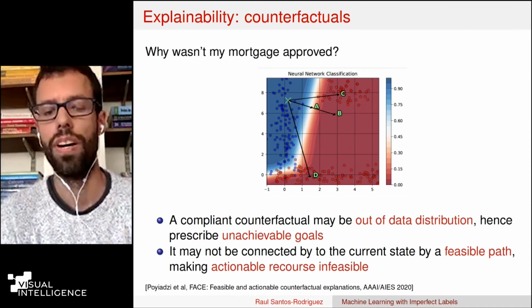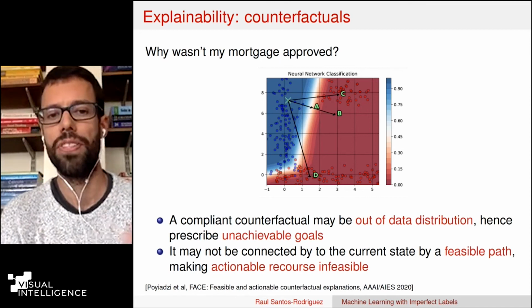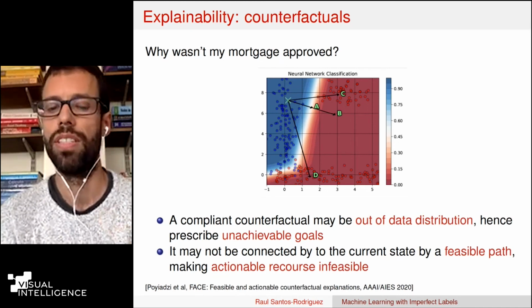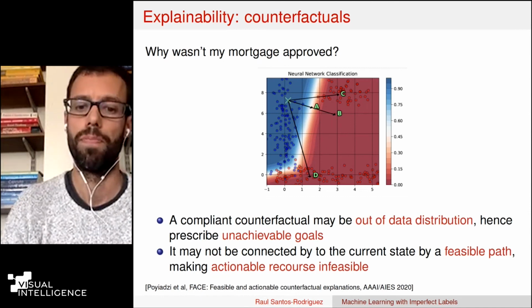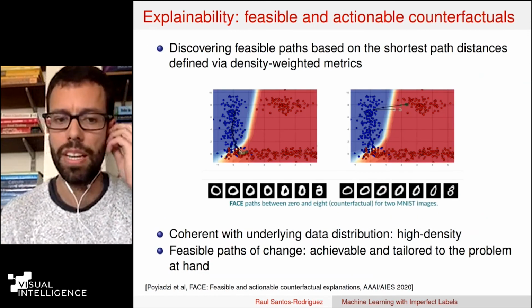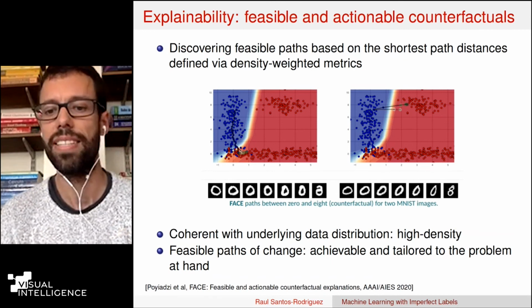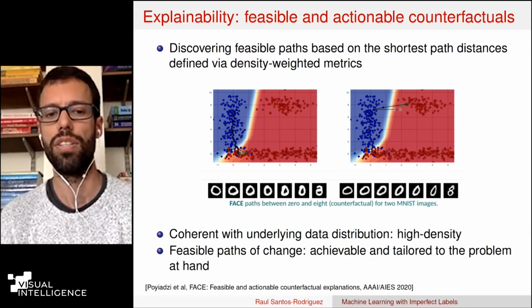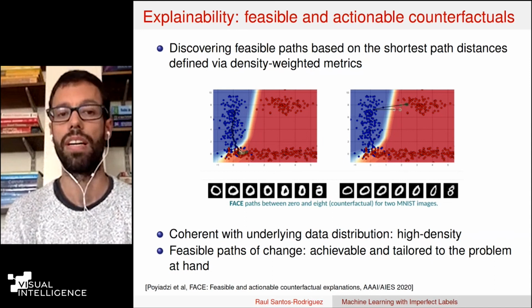And actually, we argue for D as being the preferred option, because there are paths that you can follow to turn your loan application, if you were X, to an accepted one by going through a path of high density in the feature space. So these we can illustrate with MNIST by saying, let's start with a 0 and see how to turn that into an 8. But please do that using a path that has high density. So we try to understand the manifold and move from one point to their counterfactual.